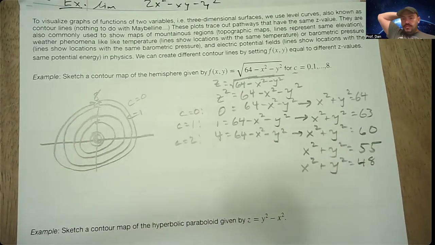And one thing that you may be used to seeing in some of the real world examples that I pointed out are color schemes that go with it, right? So, for example, on a temperature map, they often make hotter temperatures closer to the red side of the color rainbow.